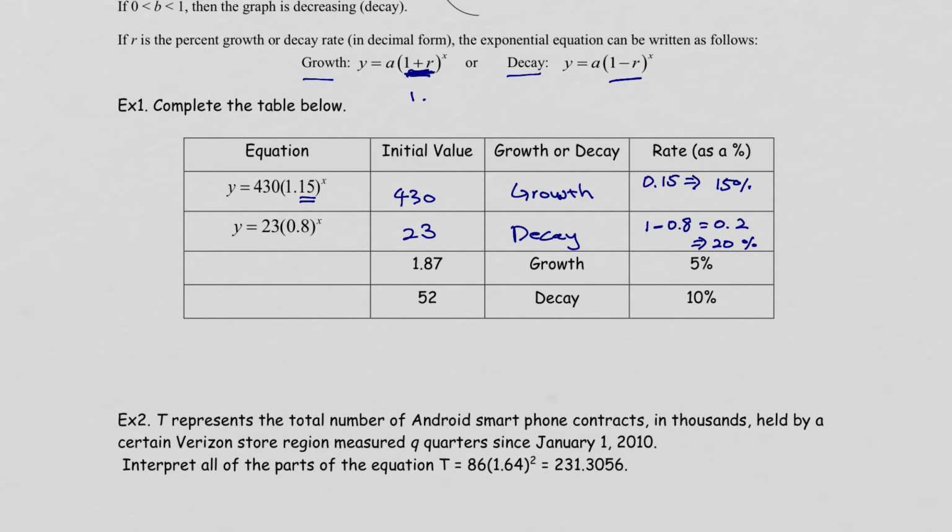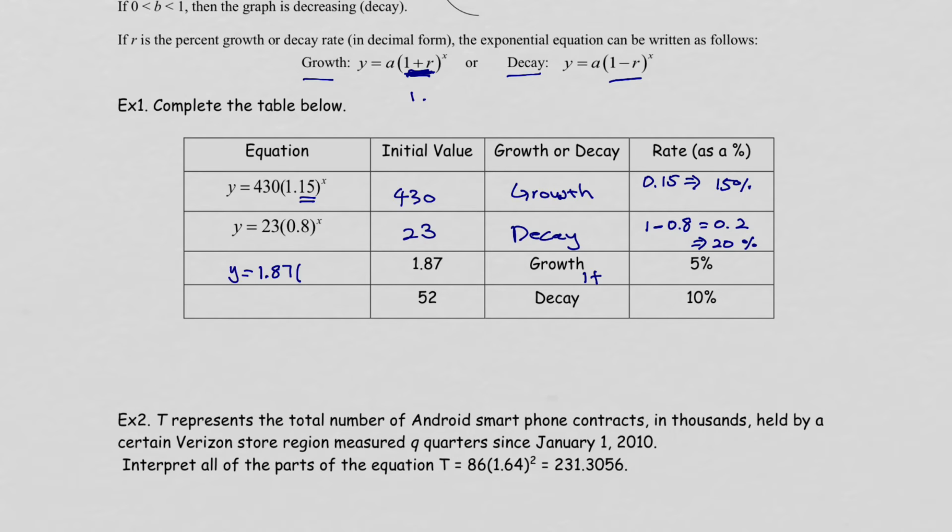So the next example is trying to go the other direction. Now you have the initial value, you know if it's a growth or decay, and your rate. So how are we going to create our equation with that information? We understand the initial value will be what we start from, right? It's growth, so it will be 1 plus what number? 0.05, 5%.